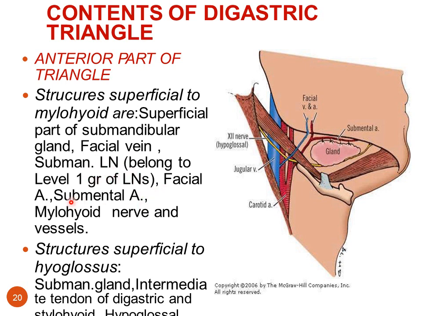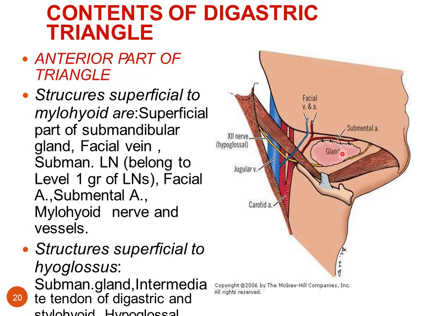Then facial artery, submental artery, mylohyoid nerve, and vessels. The facial artery is actually accompanied by the marginal mandibular branch of the facial nerve, which is not shown here, but remember.